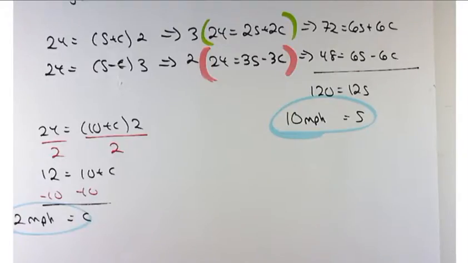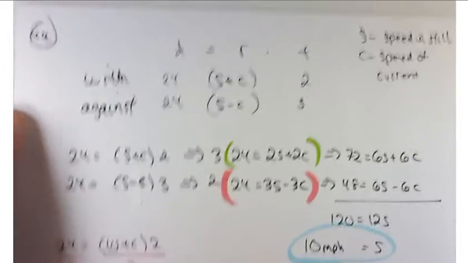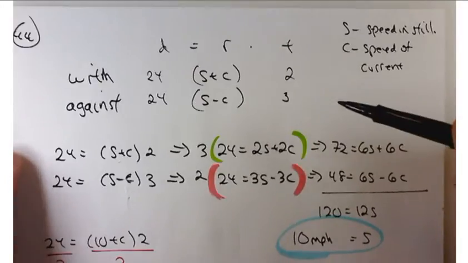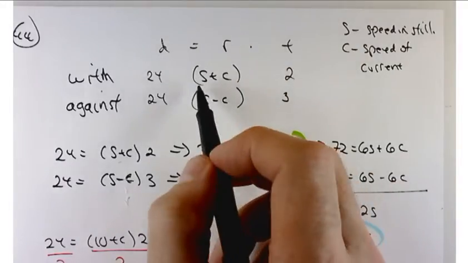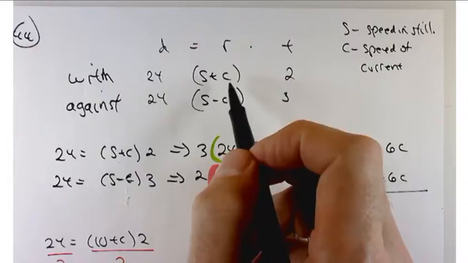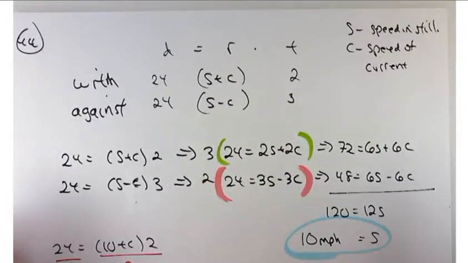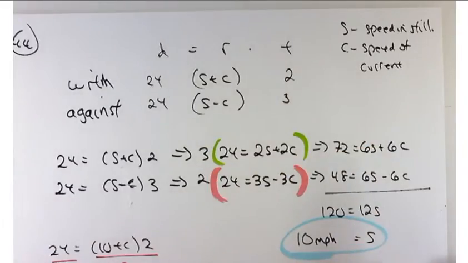So kind of a loaded example here in terms of things that you can pick up out of this one. The most important thing is the setup for this distance equals rate times time stuff. Speed of something in still water, still air, going with it, so you're adding the current, going against it, you're subtracting the current, etc. They gave you 2 equations and 2 unknowns.